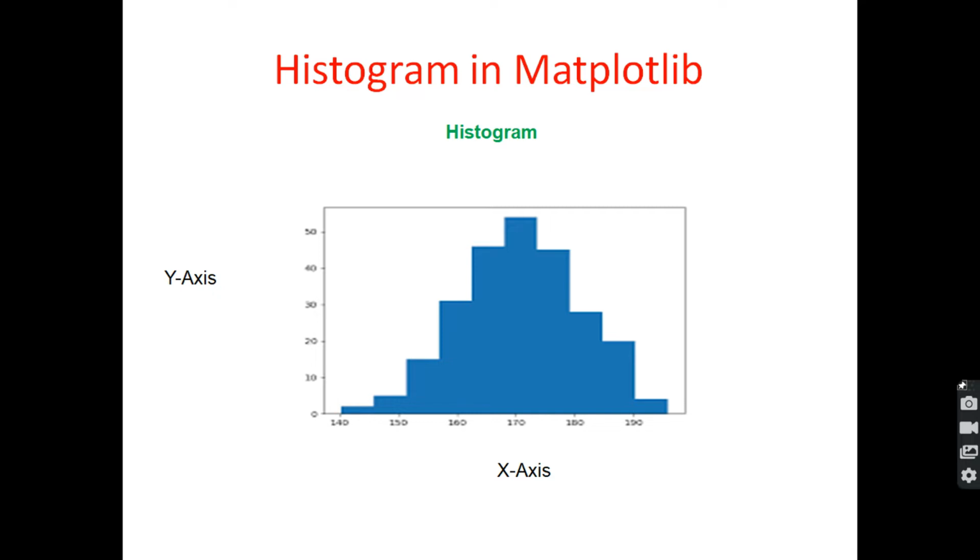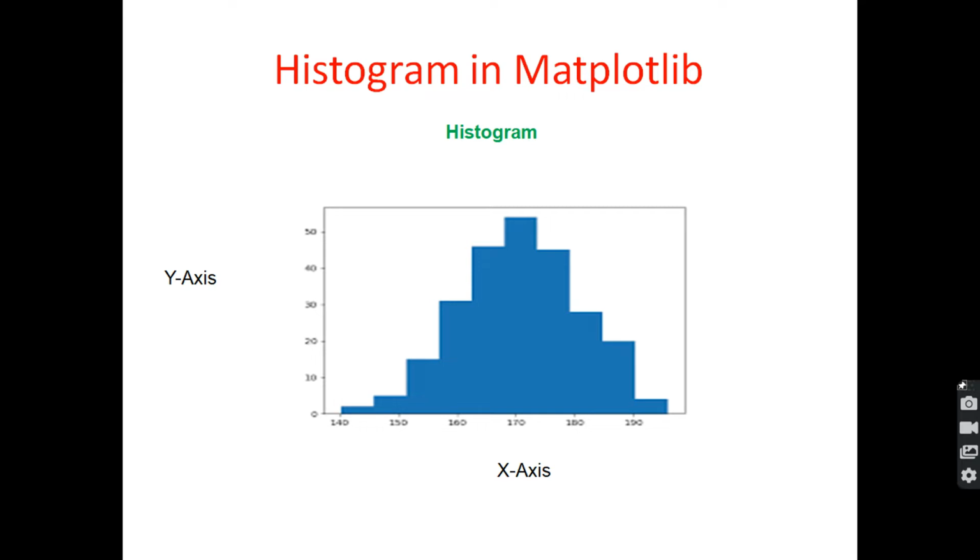Histogram is a graph showing the number of observations within each given interval. Whatever intervals we are given, within each interval, how many observations are present can be shown by a graph. That graph is called a histogram.